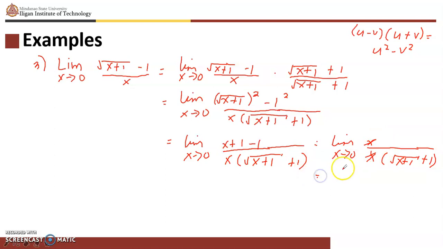So you will now have the limit of 1 over the square root of x plus 1 plus 1 as x approaches 0. That should be 1 over square root of 1, since x is 0 here, plus 1, that becomes 1 over square root of 1 plus 1. This is equal to 1/2. So this is our answer, 1/2.